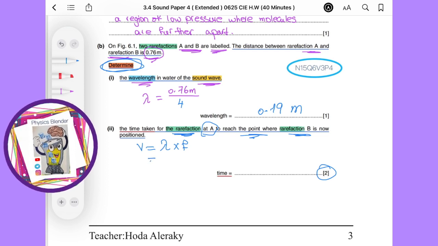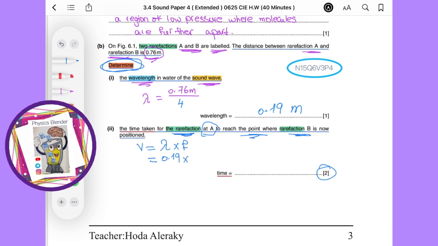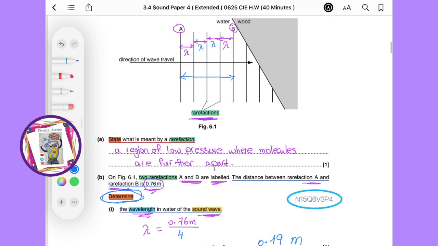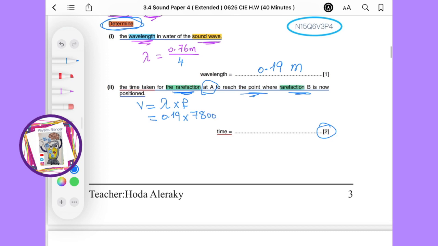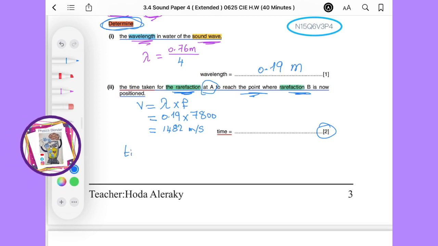So since you have the wavelength, which is 0.19, you have the frequency, which is given at the beginning of the question here. So you have to substitute and find the speed, which is 1,482 meters per second.